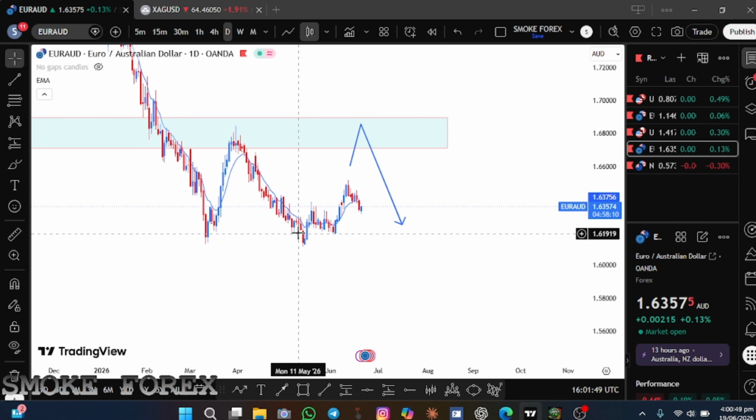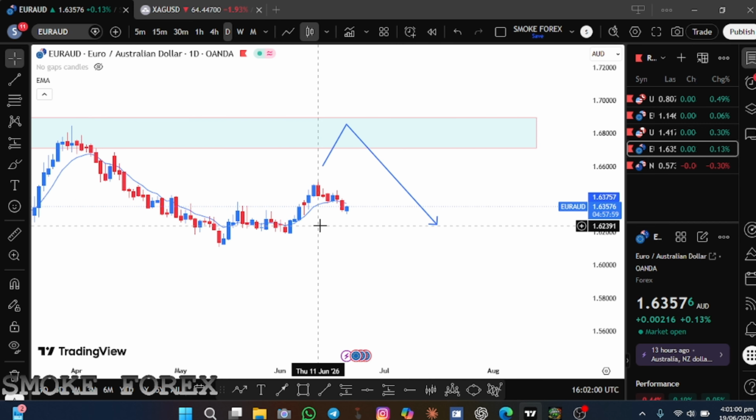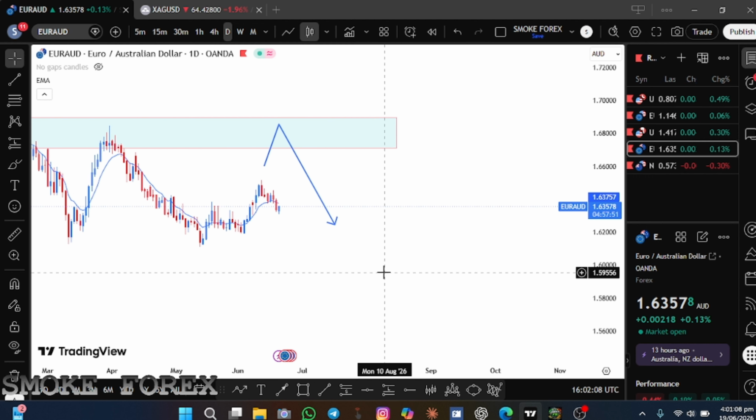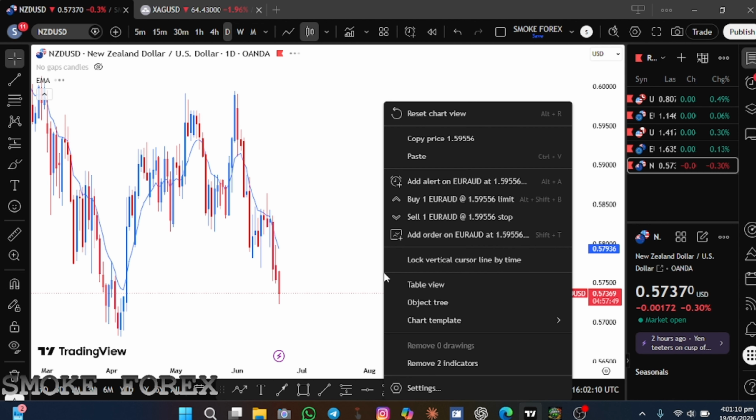You can see this was Monday. Monday started like this, then the whole week. EUR/AUD did not have much of a move this week. So let's just move to the next pair.